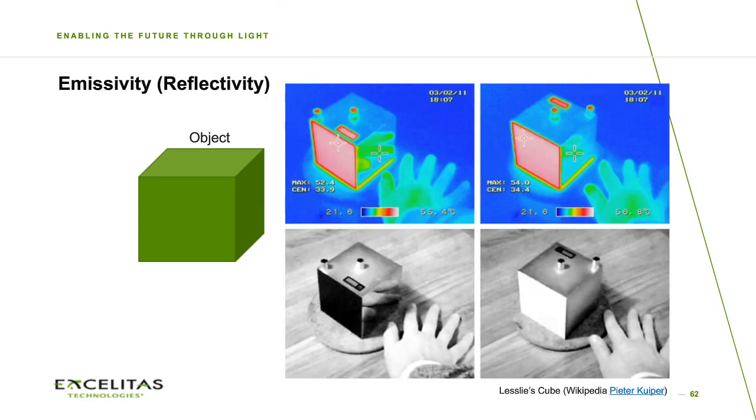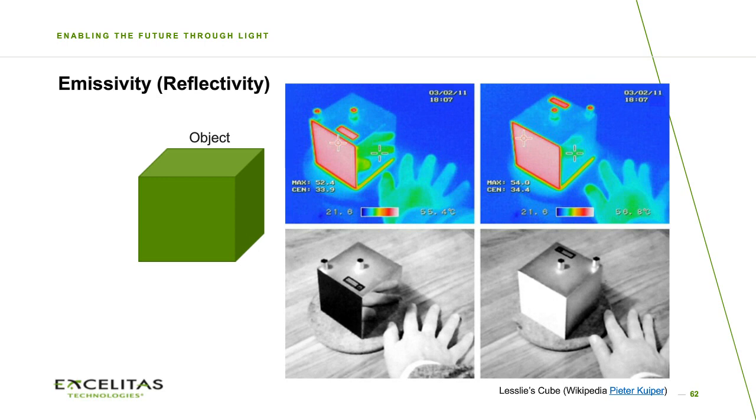One remark on emissivity, because in those detectors you will see a parameter called emissivity, which you can adjust. For skin, it is not so important because the skin emissivity is around 96%. What does it mean? Look at this picture of the left cube on the right side.